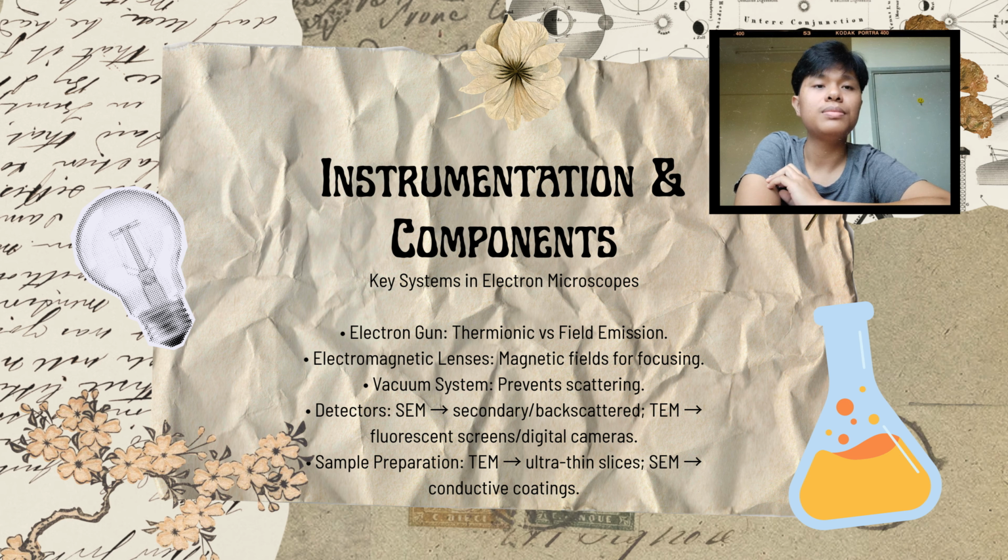The vacuum system prevents scattering. For detectors, scanning microscopes use secondary and backscattered electrons, while transmission microscopes use fluorescent screens or digital cameras. Sample preparation for the transmission microscope is ultra-thin slices, while for the scanning microscope it is conductive coatings.